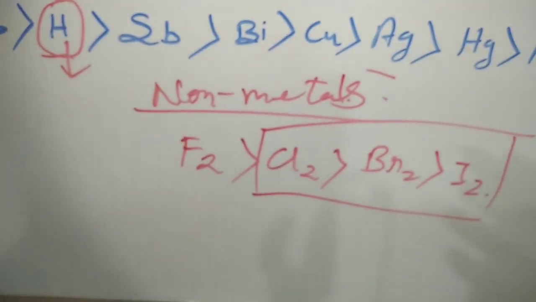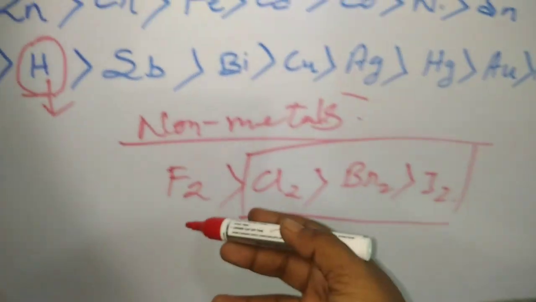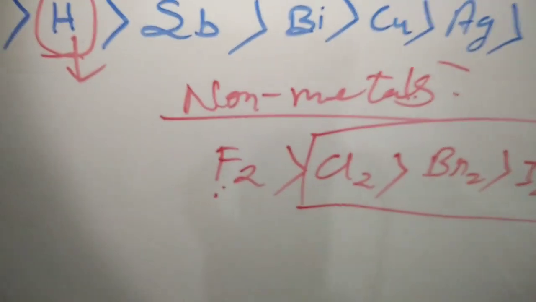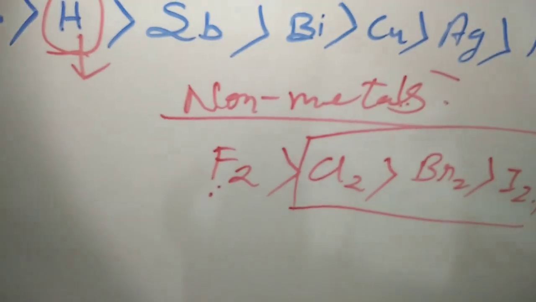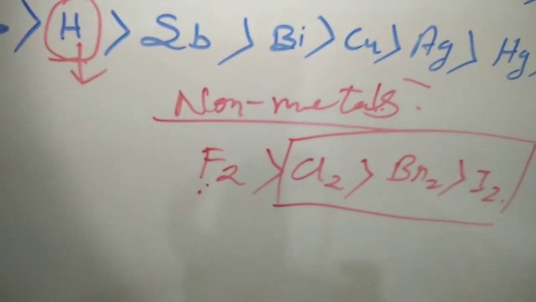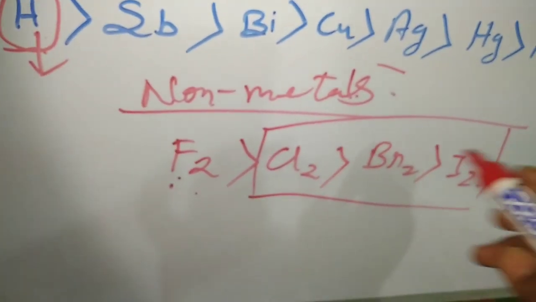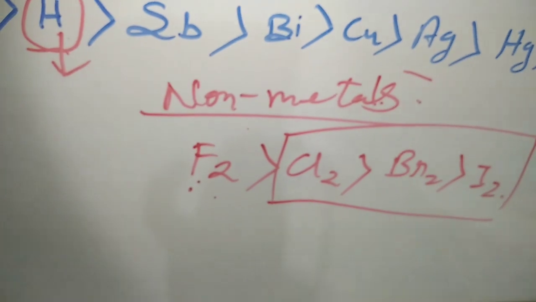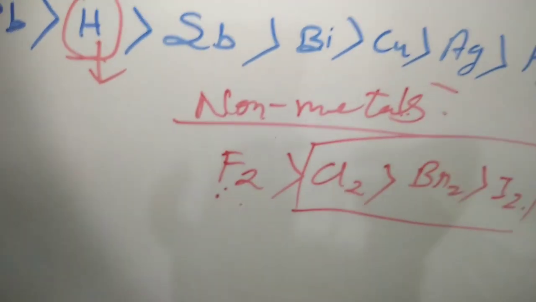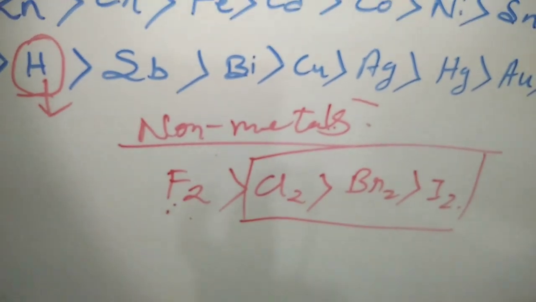Now you may ask me why we don't take fluorine in the chemical reaction. Because fluorine is such a vigorous element and it has the highest electronegativity. Okay students, it reacts so vigorously that a dangerous accident can happen.